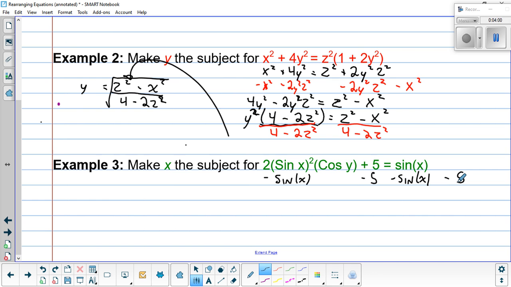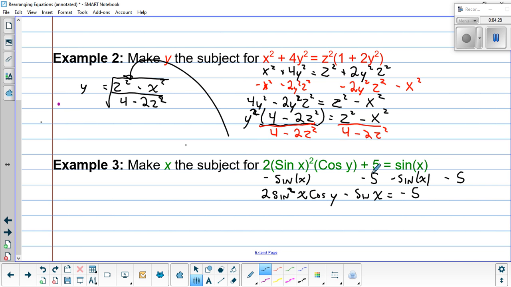Okay, so here we're going to get 2 sine squared, I'm just bringing that squared inside, sine squared x cos y minus sine x is equal to negative 5. Okay, I see, is this actually going to work?